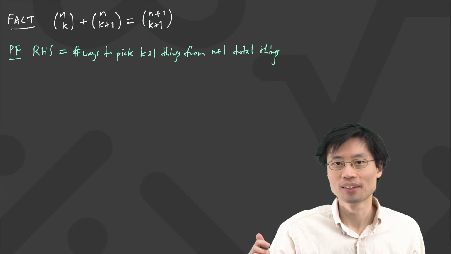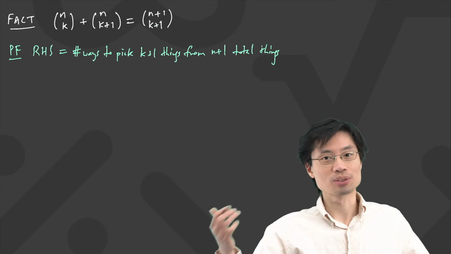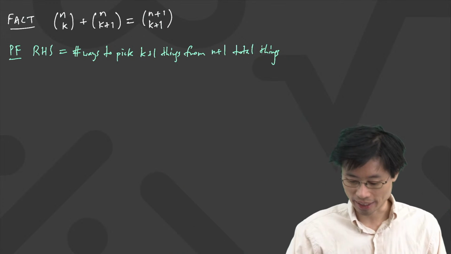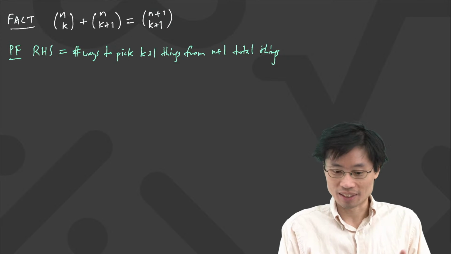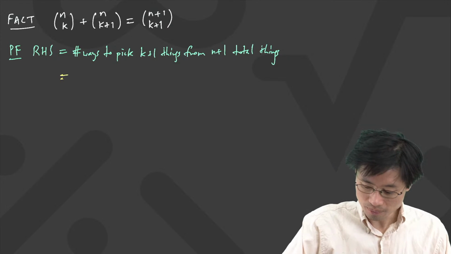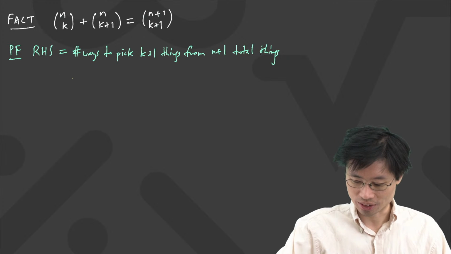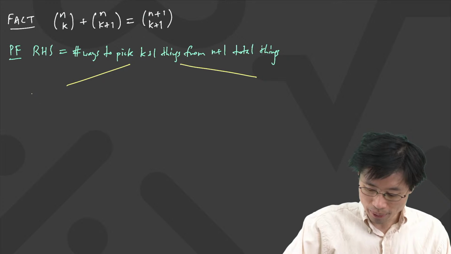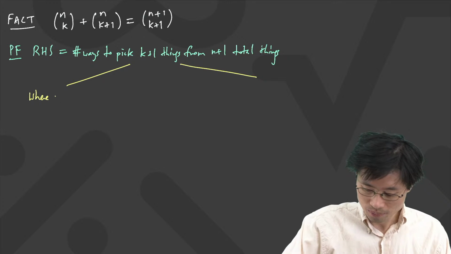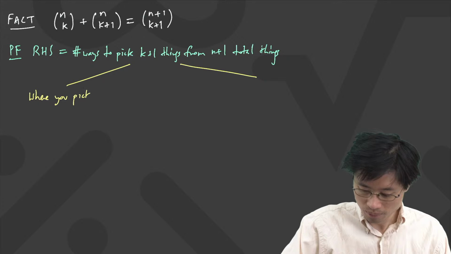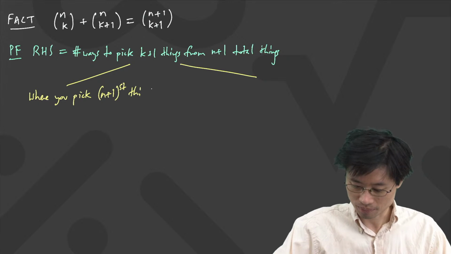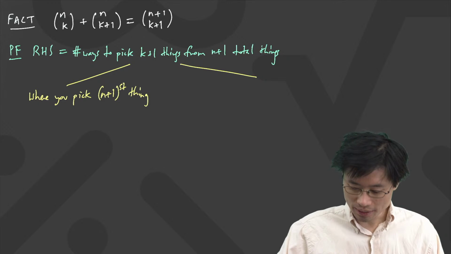Okay, that's legit. Now, if I'm supposed to pick k plus 1 things, I can break into 2 cases. And whenever you break into cases, you just make sure they are mutually exclusive and they cover everything. We've got 2 types. One type is where you pick the n plus first thing, and the other type is where you don't.